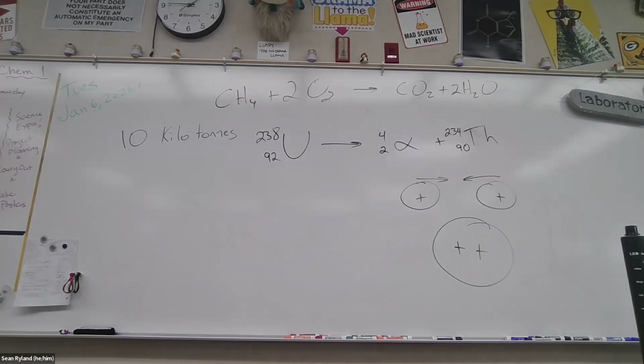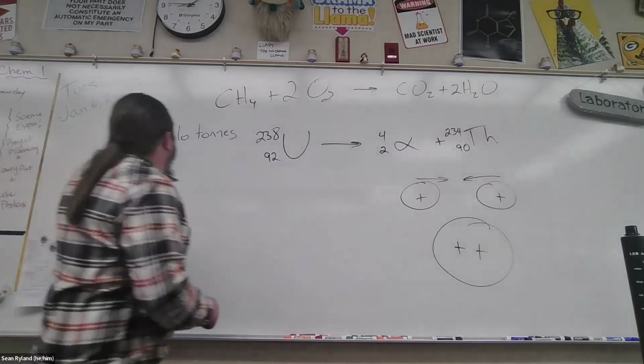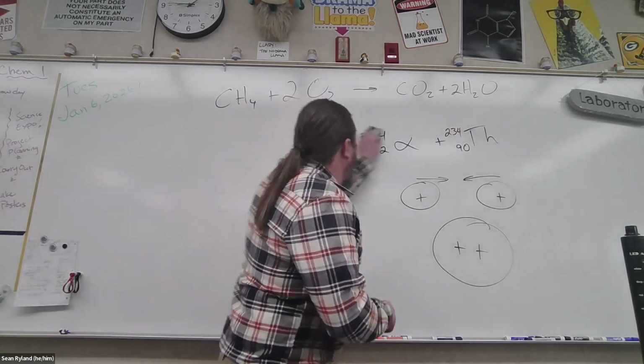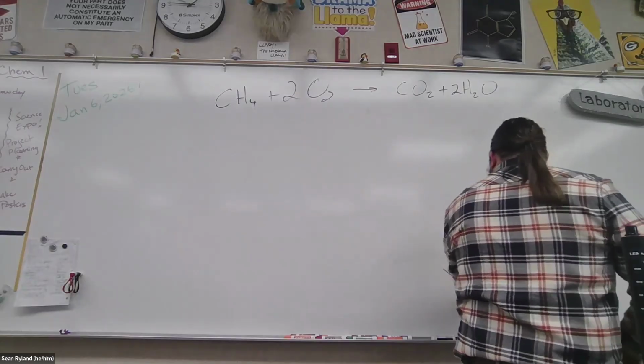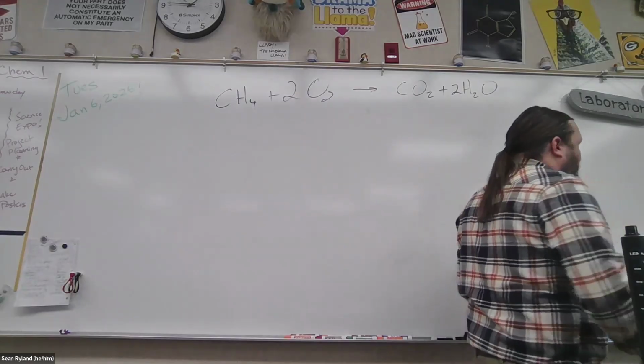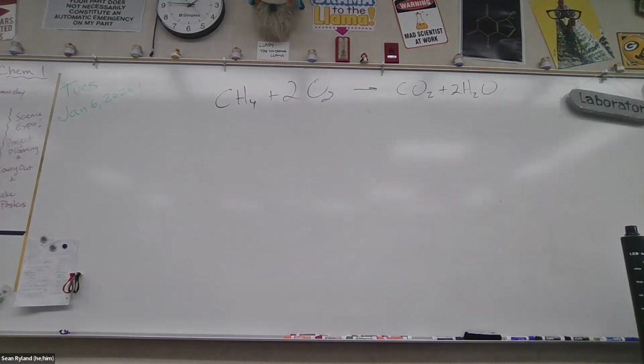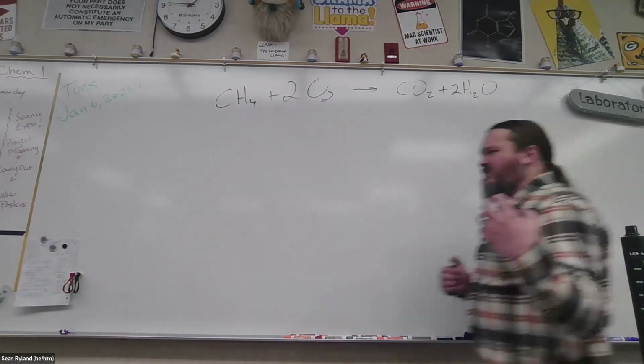So here's your basic types of radioactivity. Not everything decays the same way. Not every radioactive element goes through that same alpha decay that we just talked about. Alpha decay was the first one they discovered.